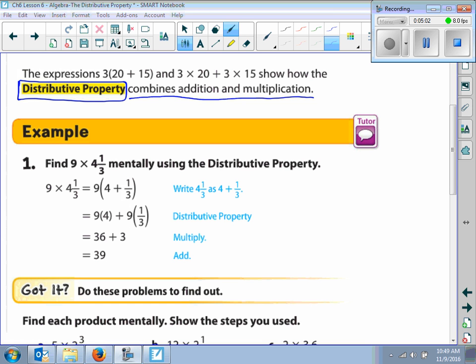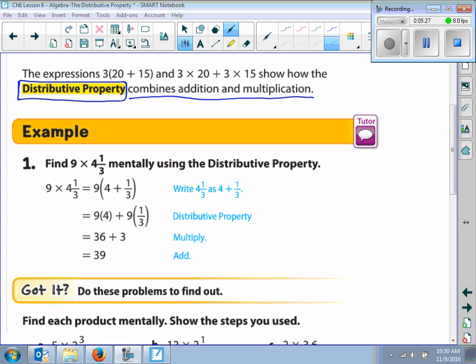We know we can just separate the whole number and the fraction part, right? So the whole number is 4. The fraction part is 1/3. If I add them together, I get 4 and 1/3, right? So when we're showing you this using the distributive property, we're just going to separate the whole number and the fraction part. You got that?